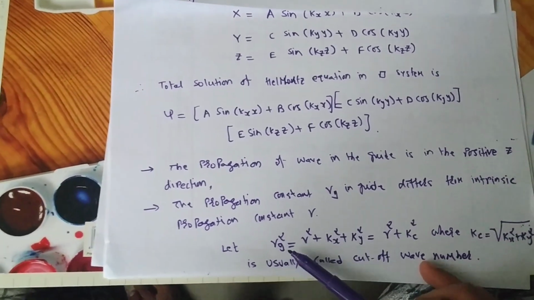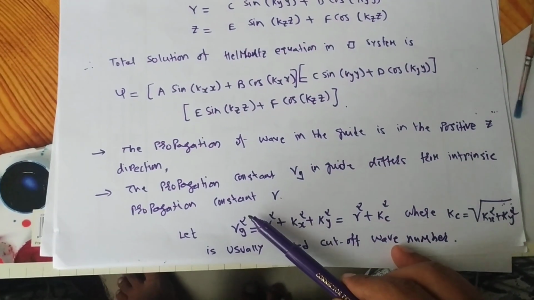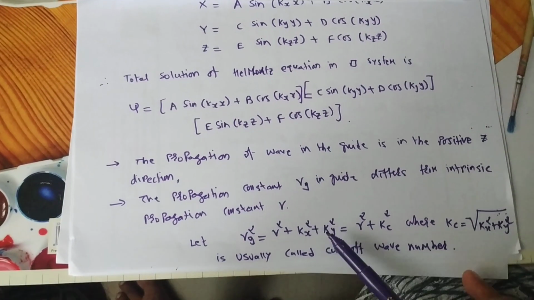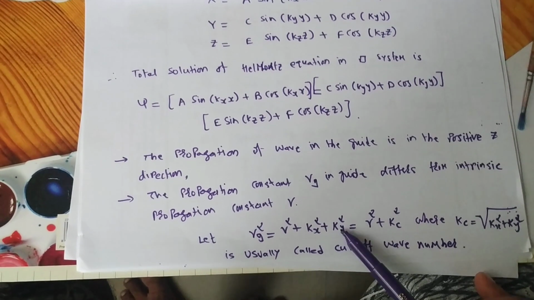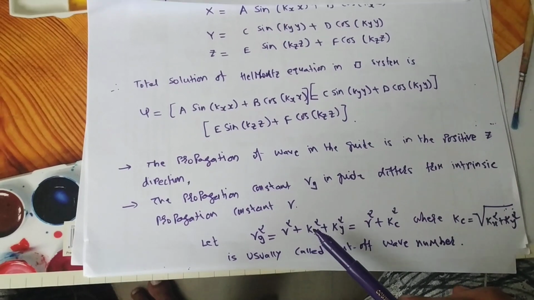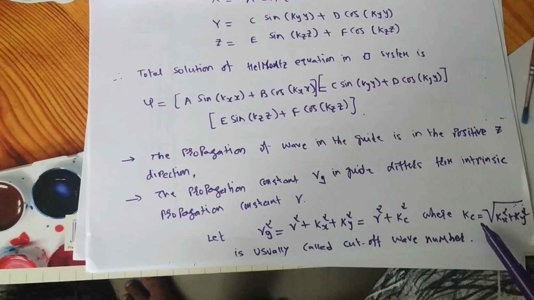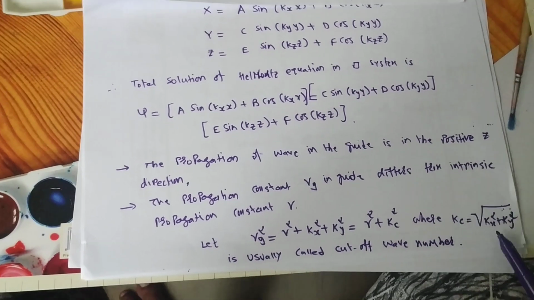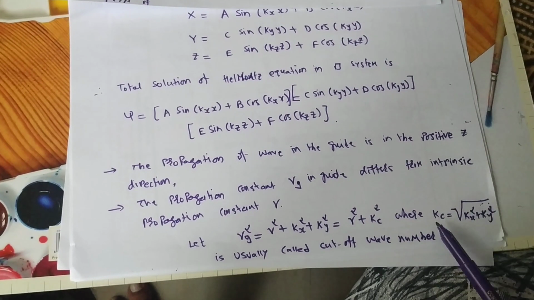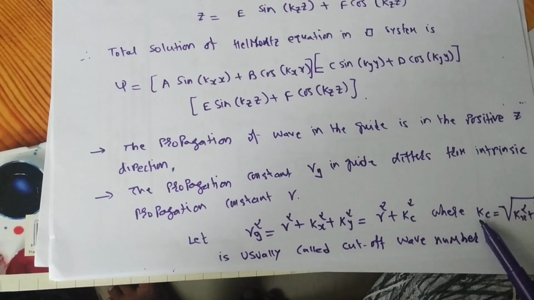So we define gamma g square as gamma square plus kx square plus ky square. Let me also add a new term, kc square, which is equal to the square root of kx square plus ky square, and it is usually called the cutoff wave number.